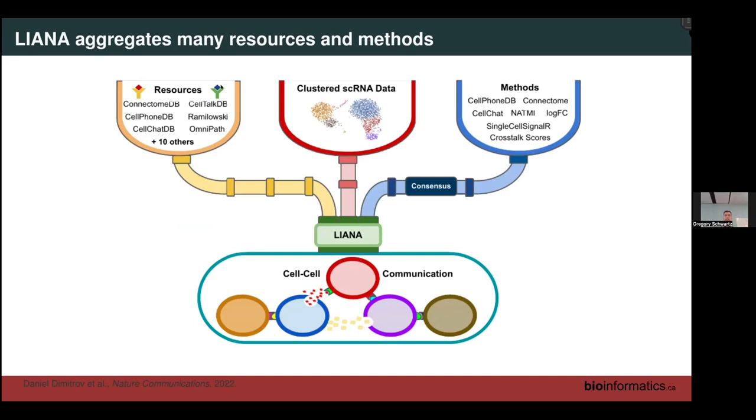It takes many different databases that were identified, though you've got to be careful because some of these are repeats, like OmniPath is also trying to collect a lot of these data sets as well, but I'm sure it's all normalized and controlled for. And then it takes a whole bunch of different methods, and it finds a consensus along with your clustered single-cell RNA-seq data to identify a more robust cell-cell communication mapping. Okay.